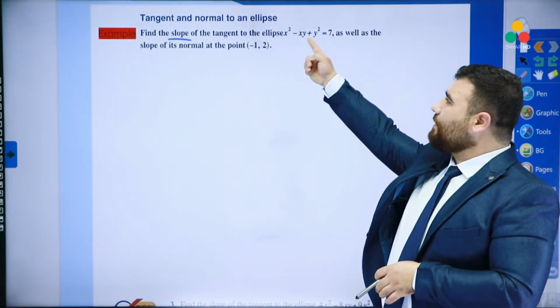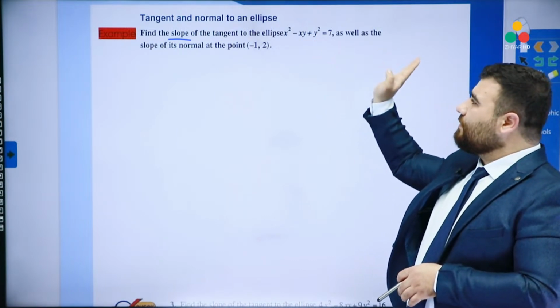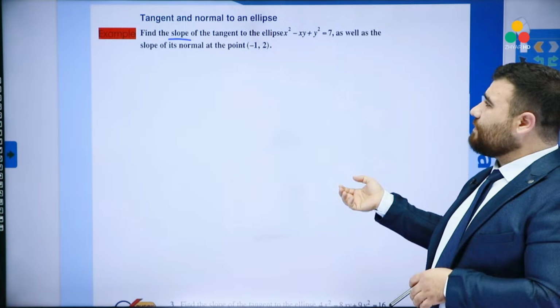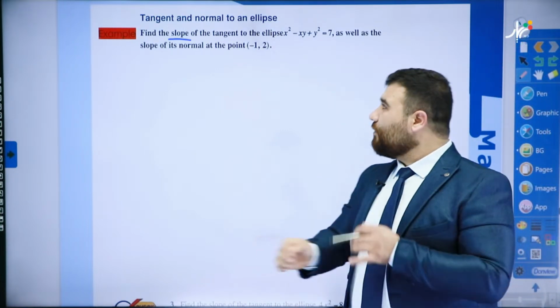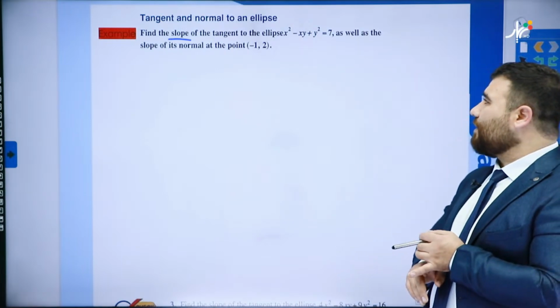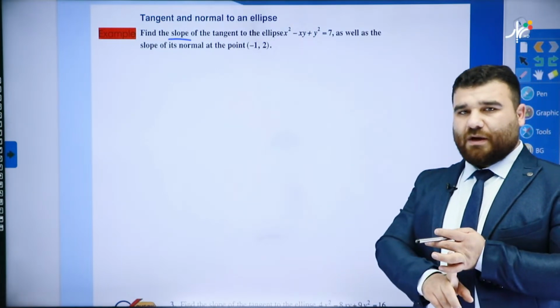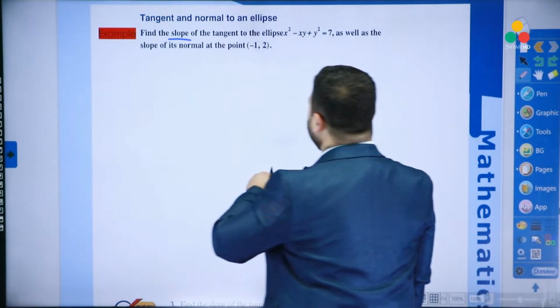There is x with a power, and x and y mixed. This means I need to use implicit differentiation. It has more than two ways, but two main ways that work all the time. One of them is the rule, negative f prime of x over g prime of y, or the y prime. Both ways are okay. Now I'm going to use y prime here.